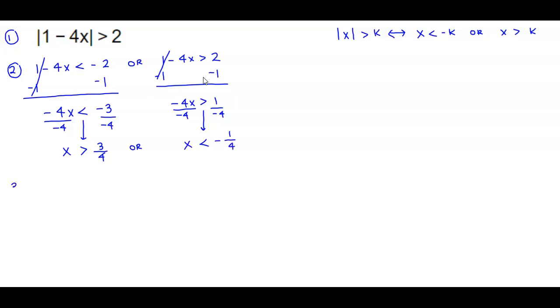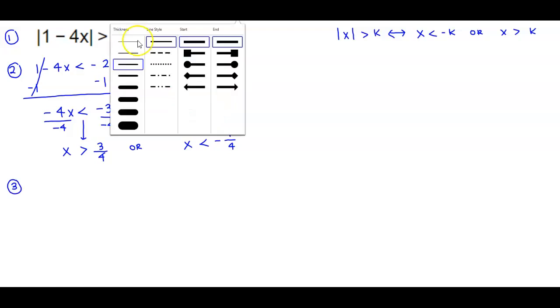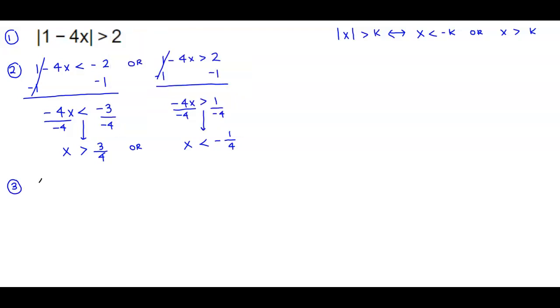Okay, so now we're going to go ahead and graph this solution set. So let's go ahead and do that. We know that we're going to go from negative infinity to positive infinity. And then we have negative 1/4, and then we have positive 3/4.